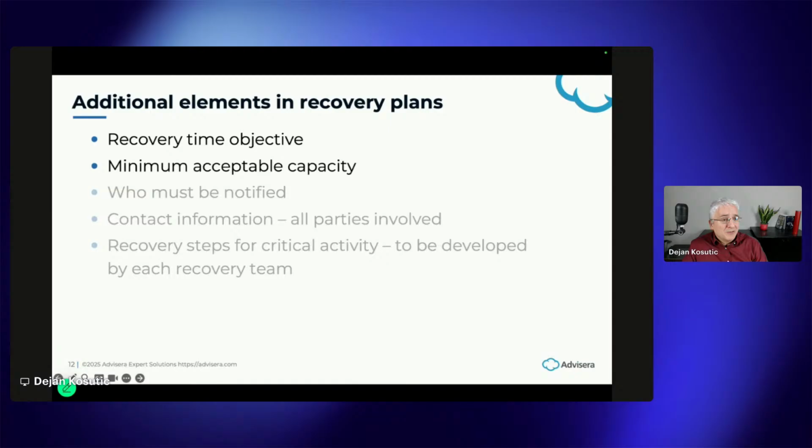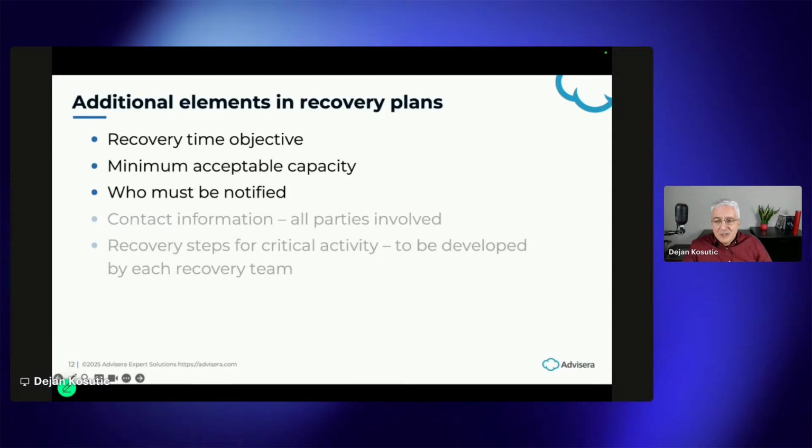So you then specify in this recovery plan that the targeted minimum acceptable capacity is 25%, at least for the beginning. And then in the next couple of days, you can return this capacity back to 100%.